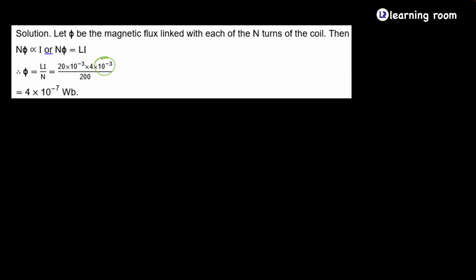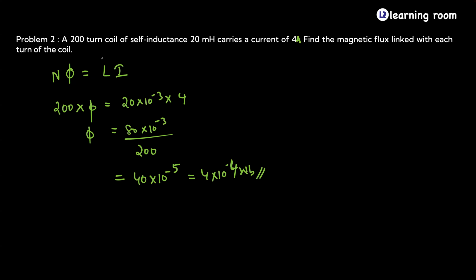Unit was not given. There is a misprint in my sheet. So if it is 4 ampere, it is 4 into 10 power minus 4. Our answer is right. If it is milliampere, it is 4 into 10 power minus 7. If they give the total, multiply both. 80 into 10 power minus 3 is the answer. Total magnetic flux is this much. Magnetic flux per turn is going to be L into I divided by capital N.